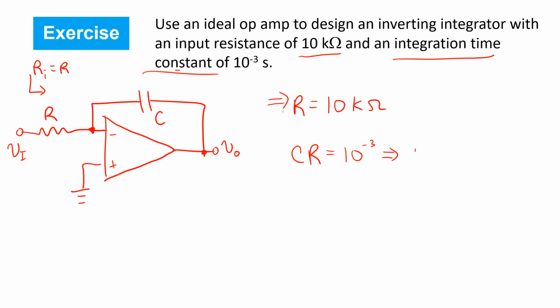Rearranging, we can find the missing capacitor value, 10 to the minus 3 over 10 kilo ohms, which is 10 to the 4 ohms. That means the capacitance value is 10 to the minus 7 farads, or 100 nanofarads. And that's it.